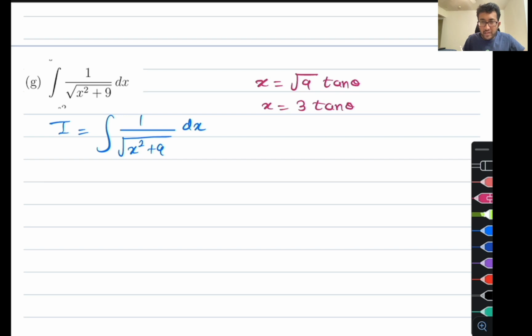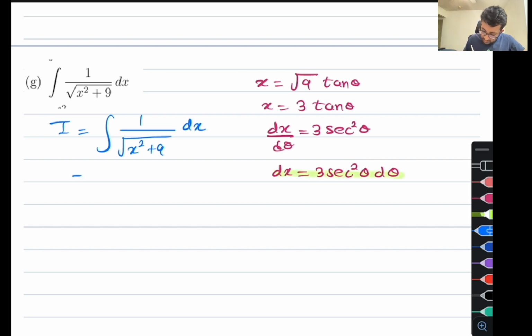So what would be my derivative? dx over d theta is going to be 3 secant squared theta. So dx is going to be 3 secant squared theta d theta.